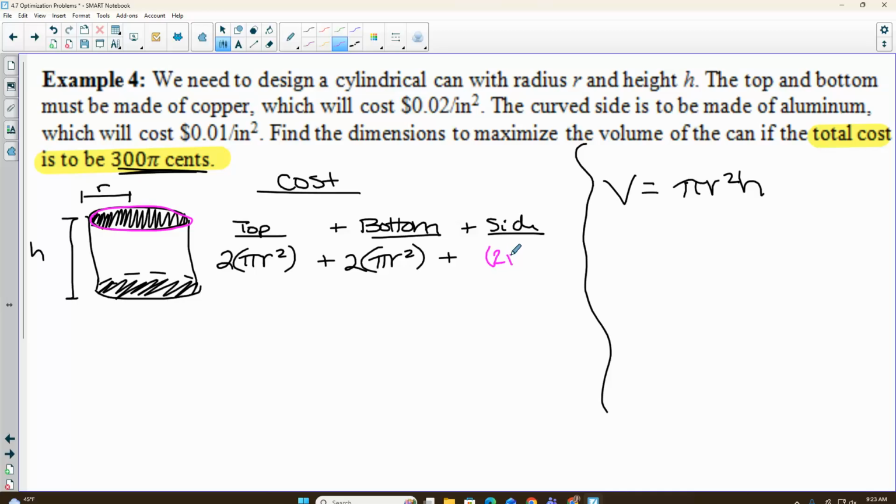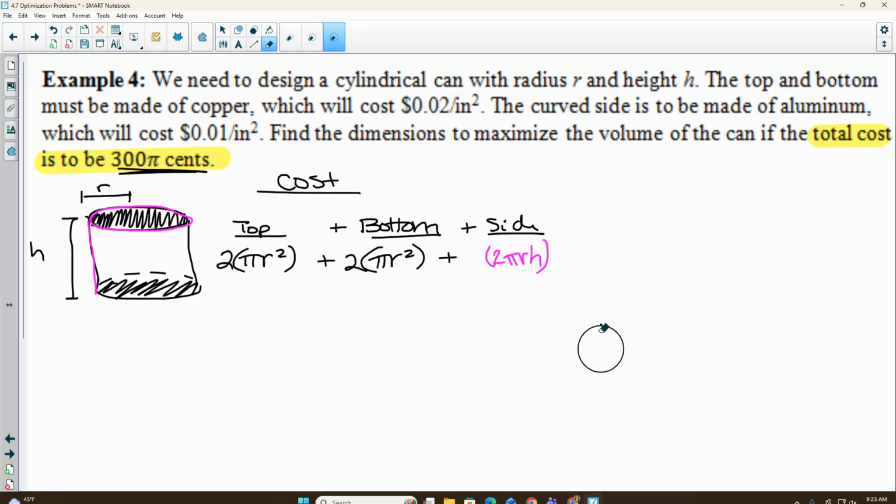It's 2 pi r. Circumference, distance around the circle. That's what he was saying. He was getting there. Yes. And then my height is just my h. How much are we charging for the side? 1 cent. So I only have to take that times 1. And this would equal my total cost, which was 300 pi.